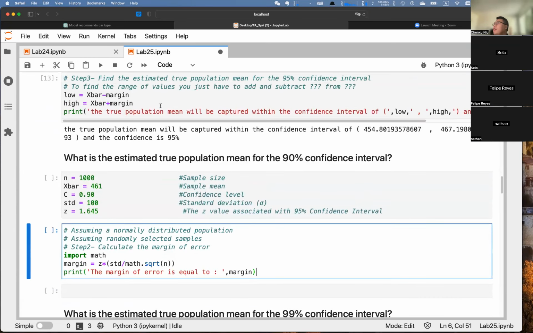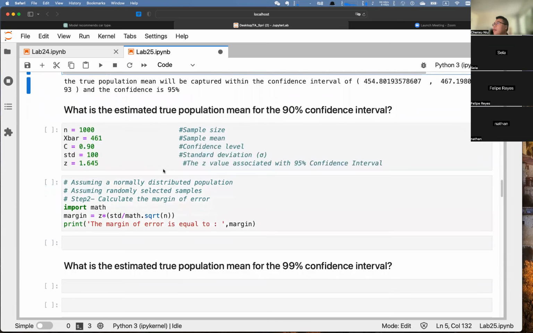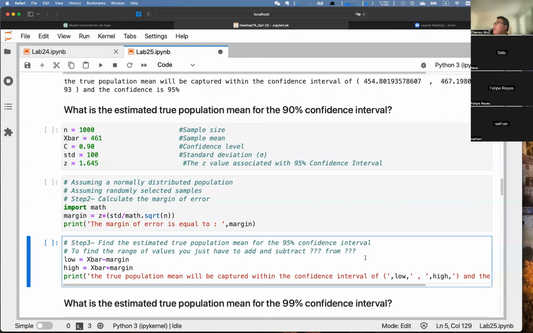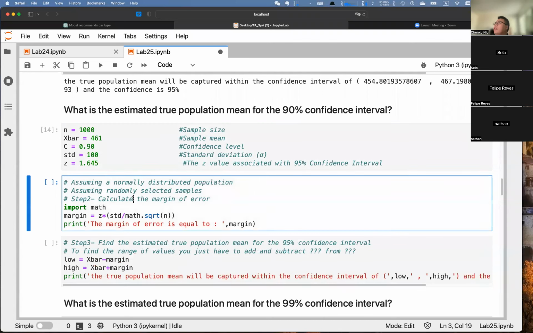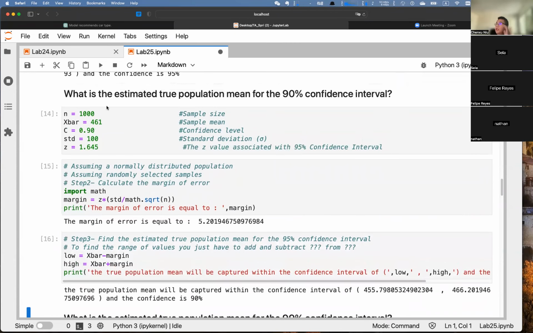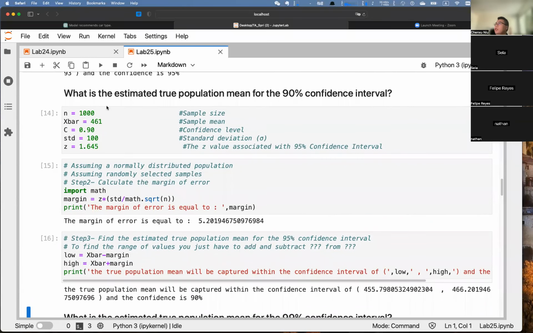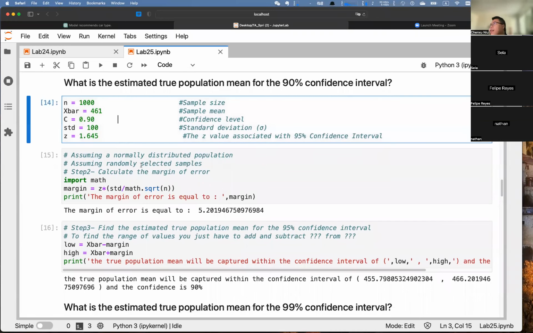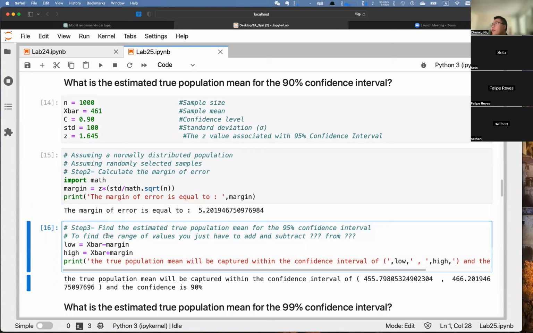Compute the margin and the range of the values again. So it's about how to compute the 90% confidence interval. Organize the data, compute the margin, get the range of the values. Okay, so it's 90%. Any questions?